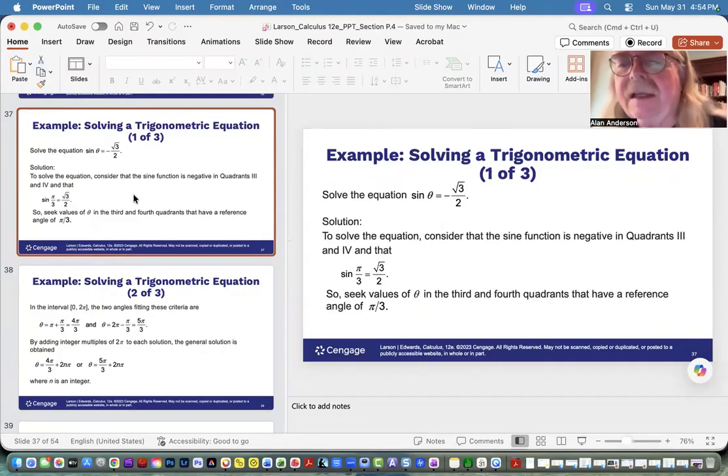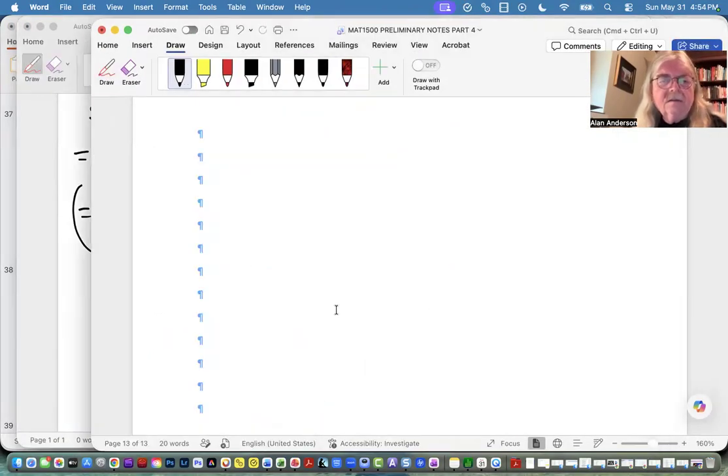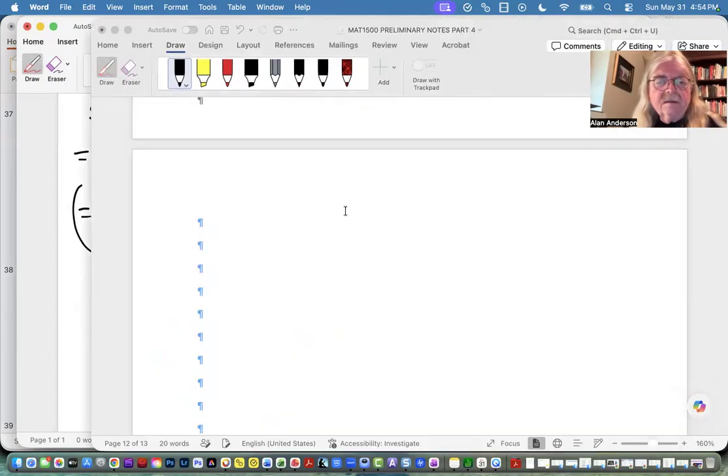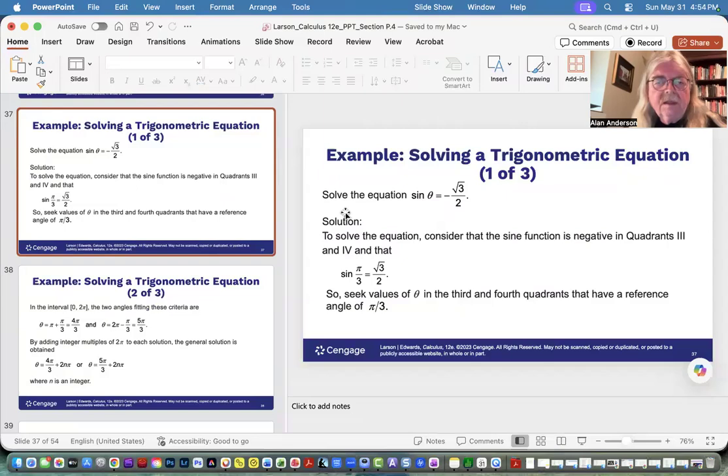What you can do instead, since you have your calculators anyway, is say, well, listen, I want to know the values of theta when the sine of theta is negative radical 3 over 2.